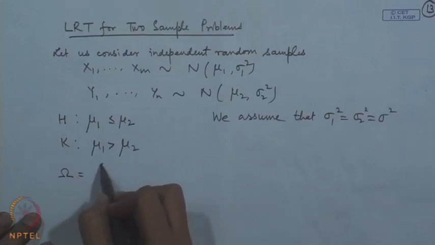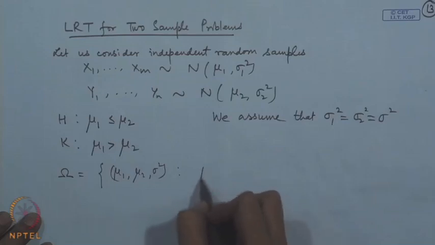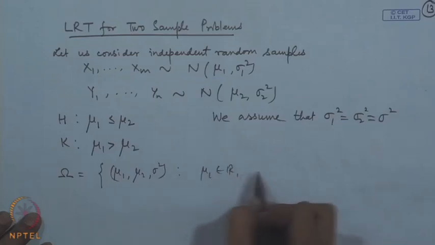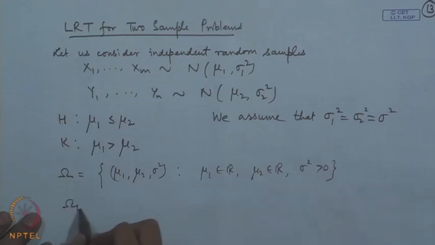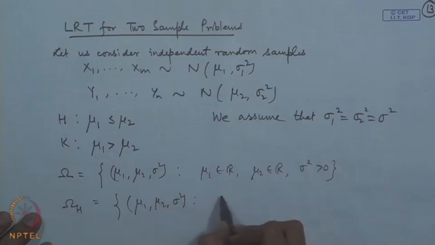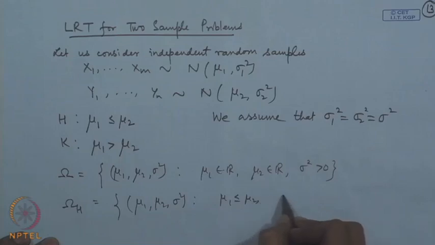So, our parameter space is mu 1, mu 2, sigma square, where mu 1 is real, mu 2 is real, and sigma square is positive, and omega h is mu 1, mu 2, sigma square with mu 1 less than or equal to mu 2 and sigma square greater than 0.